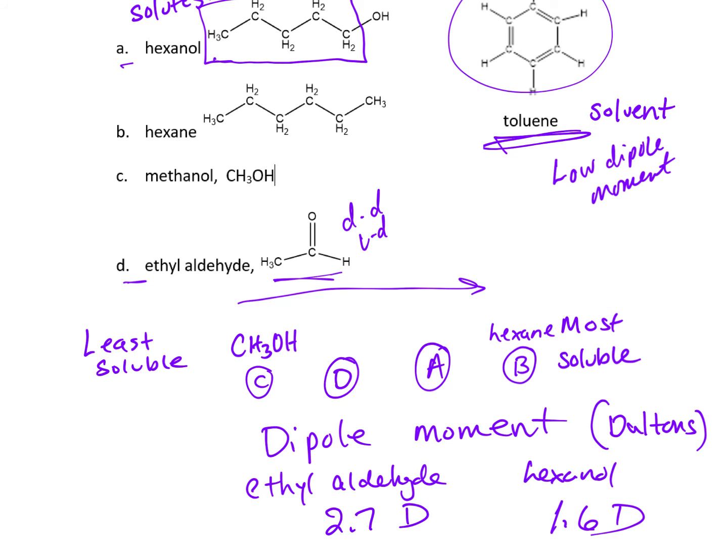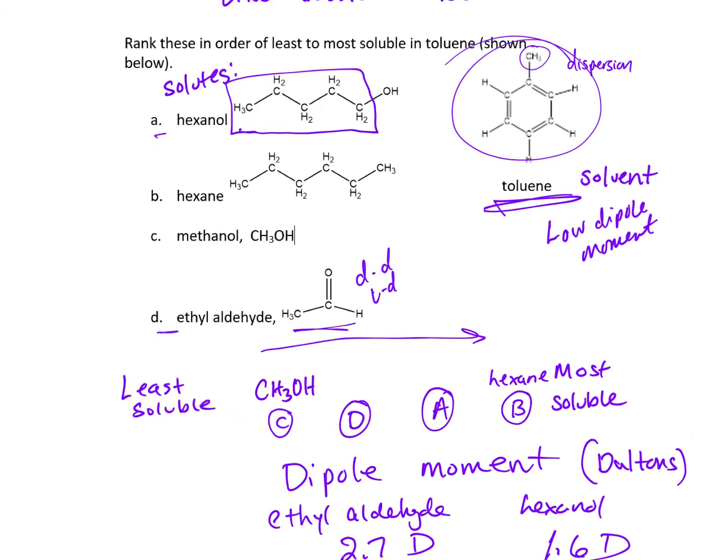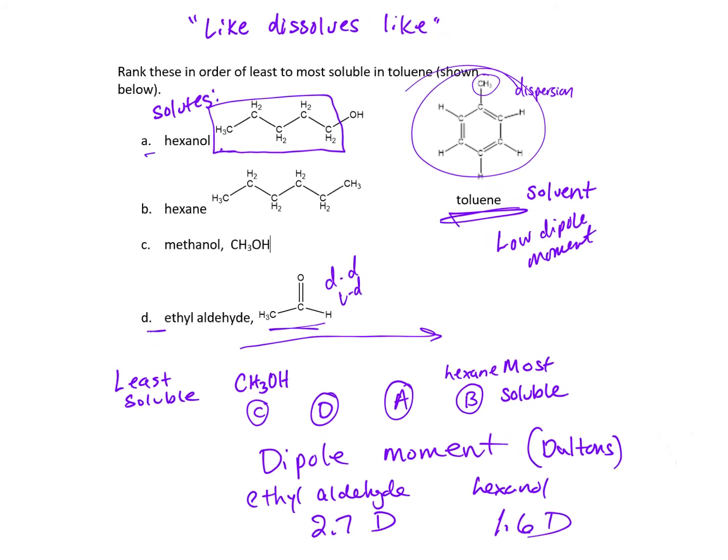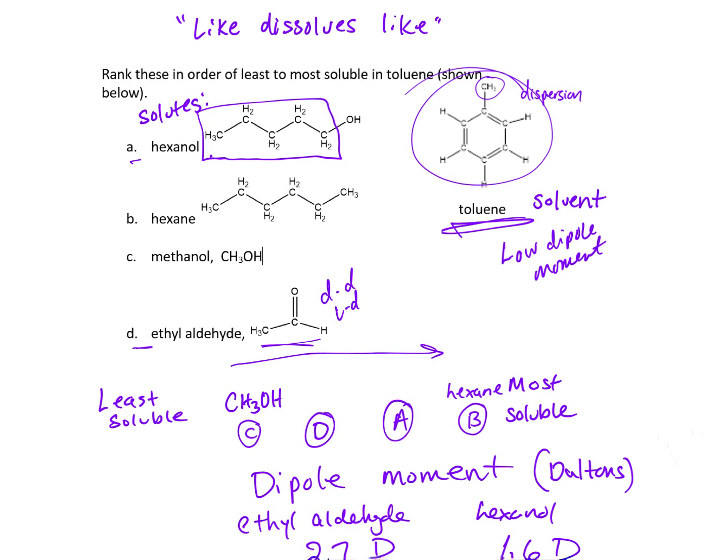Did I say it backwards? Oh, we're increasing that carbon chain, so that's what makes it more soluble in toluene. Yes, good question. I love the implication of that question. So I think that recognizing that something with lots of carbon and hydrogen can be more readily dissolved in something that also has more carbon and hydrogen.